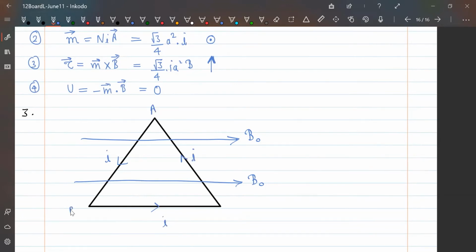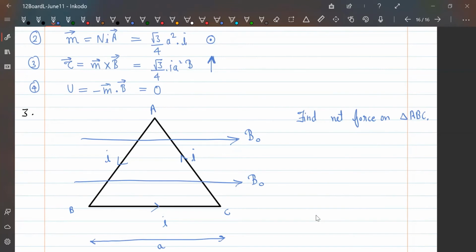So I'll mark the vertices as A, B, C, and each side is of length A. Find net force on triangle ABC.